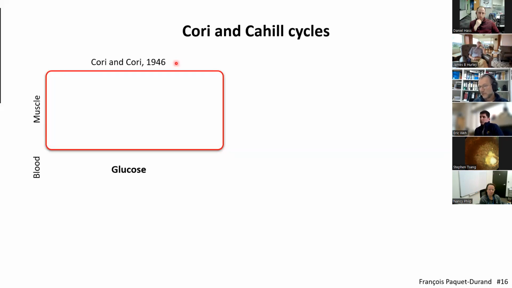So let me remind you about two important pathways, the Cori cycle and the Cahill cycle. The Cori cycle was discovered in the 1930s by Gerty and Carl Cori. In this cycle, glucose from the bloodstream is taken up in muscle. It was originally discovered for muscle. In the muscle, the glucose is split into pyruvate, which generates NADH and ATP.